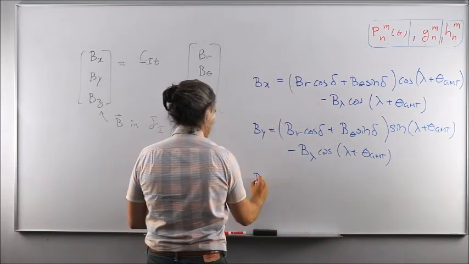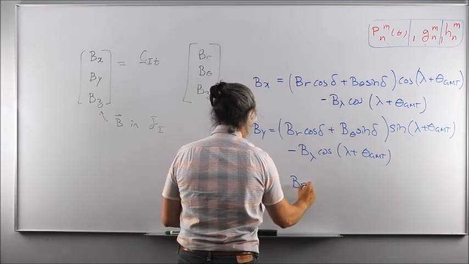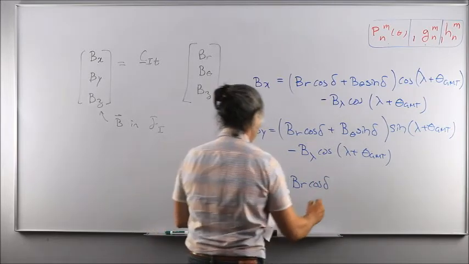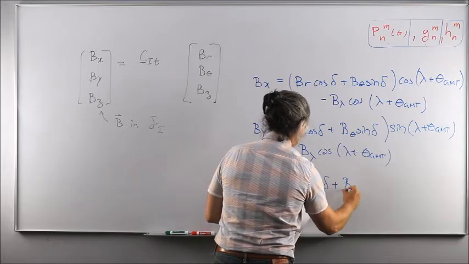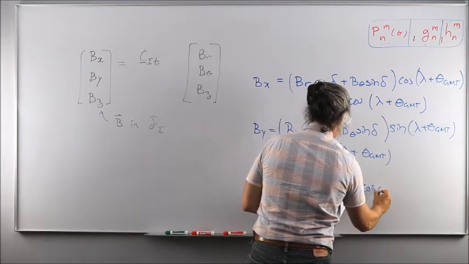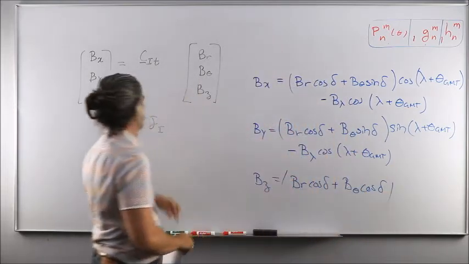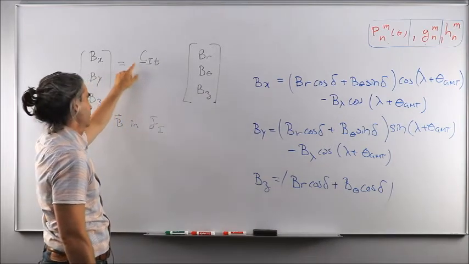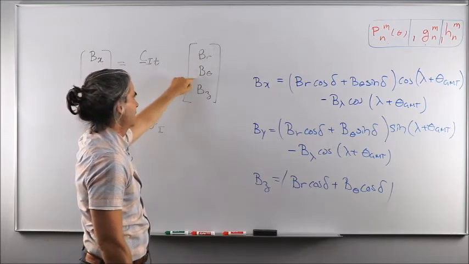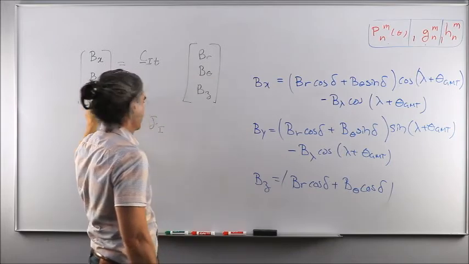And finally for BZ, we're going to get BR times cos latitude plus B theta cos latitude, simply. Okay? So this is just coming from the expansion of this particular rotation matrix in terms of a 3 by 3. I'm getting Bx as a function of Br, B theta, Bz, which is essentially what we did here. And same for By and same for Bz.